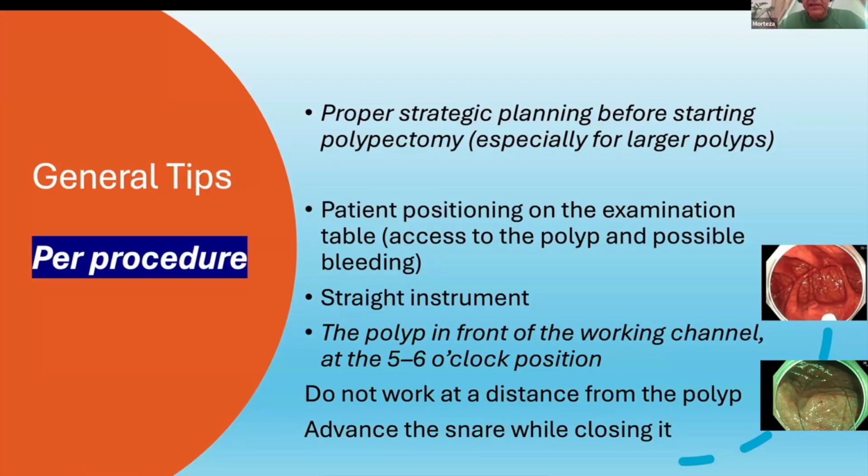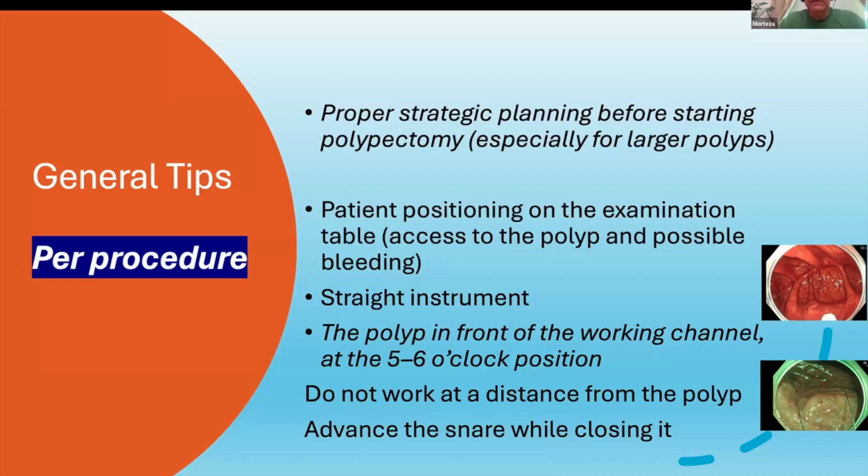Also the position of the patient, especially if the lesion is bigger or you may get bleeding. So what position the patient is in, and what happens if it starts bleeding.